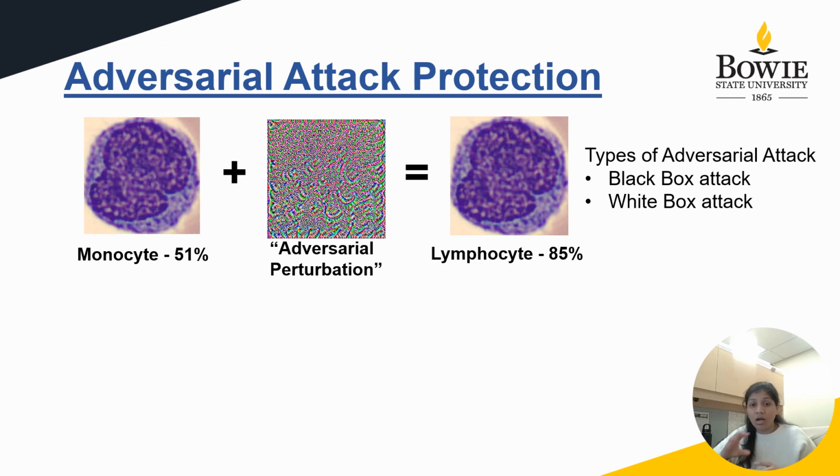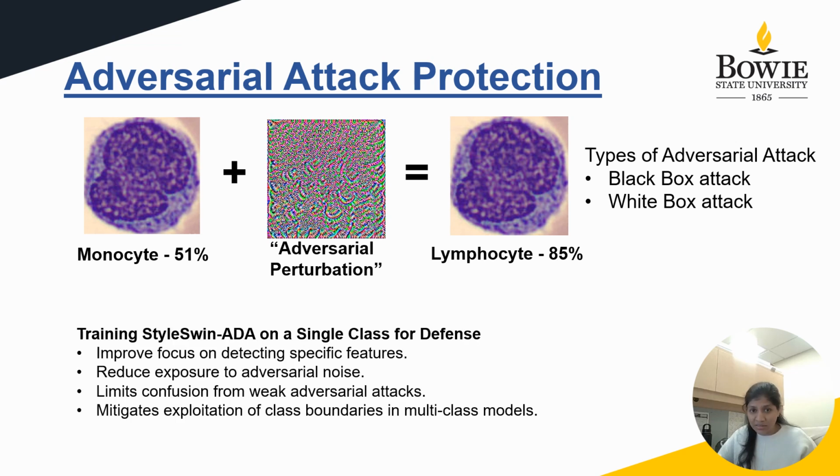To protect against weak adversarial attacks, we train StyleSwin-ADA on a single class. Training the model on a single class helps it focus on identifying and generating specific features for that class, making it more robust against adversarial noise.